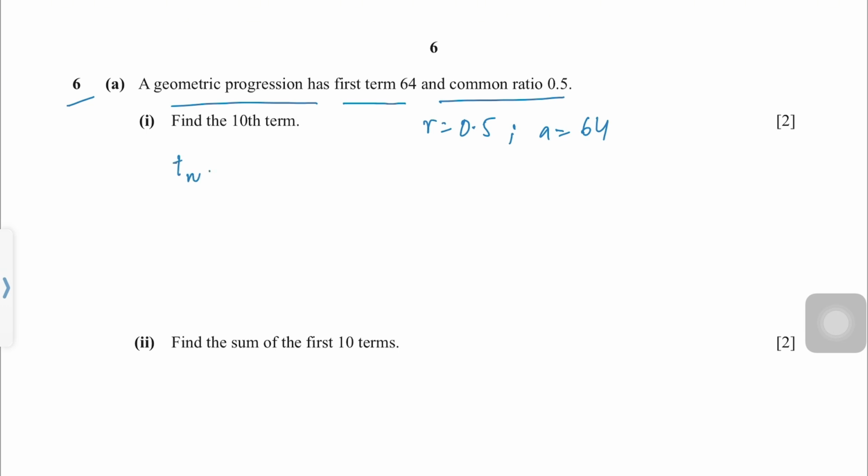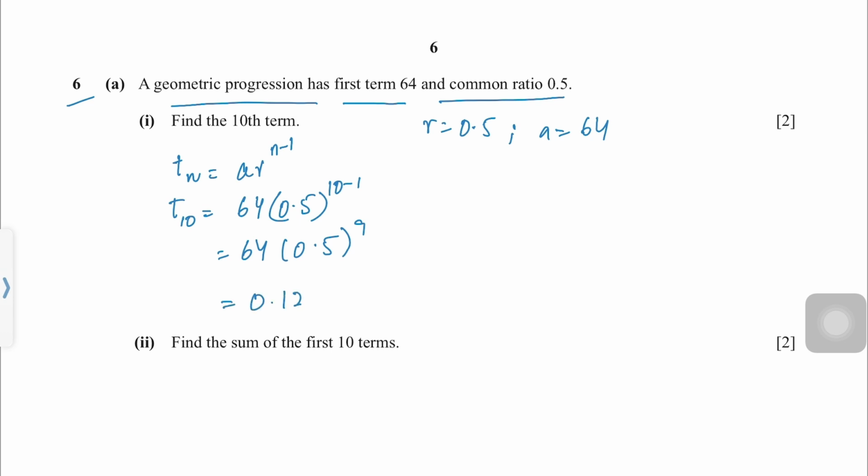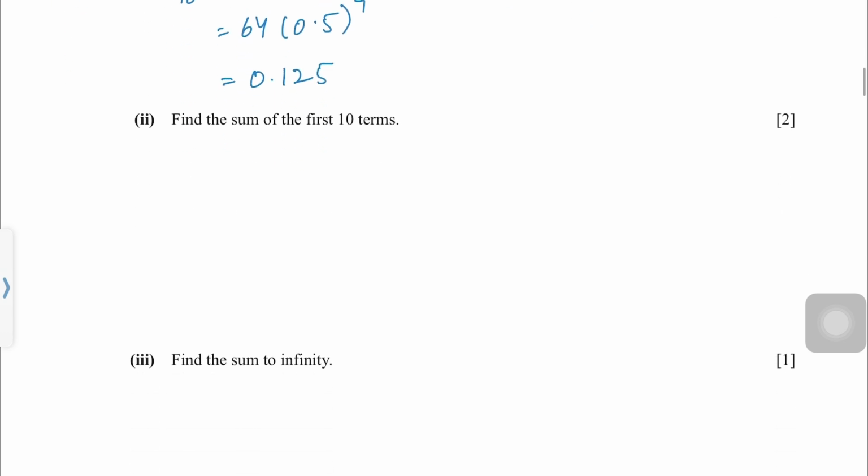So the term formula is Tn is a into r power n minus 1. So we need to calculate T10. That would be a is 64, r is 0.5, and this is 10 minus 1, that would be 9. 64 times 0.5 powered 9 would give us 0.125.